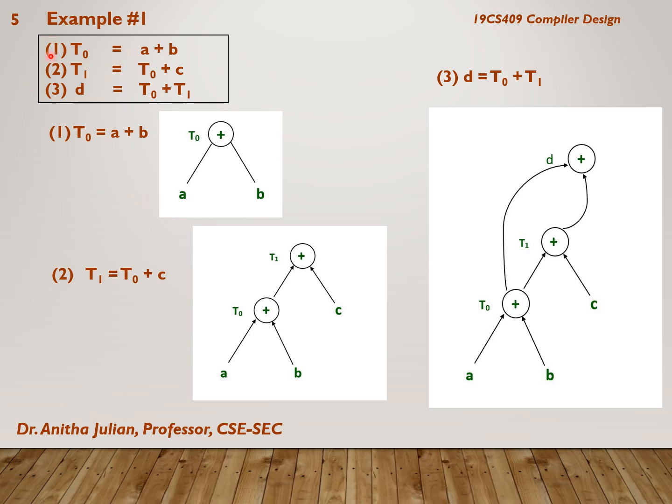So here we have three statements, three address codes. Hope you remember how we wrote the three address code. So we are having T0 equal to A plus B, T1 equal to, can you tell me what is the expression for which this is the three address code?